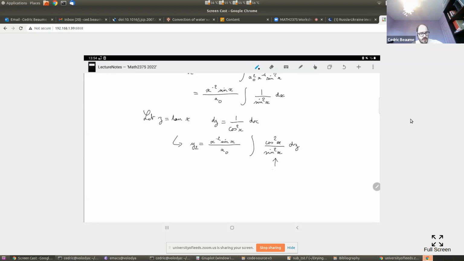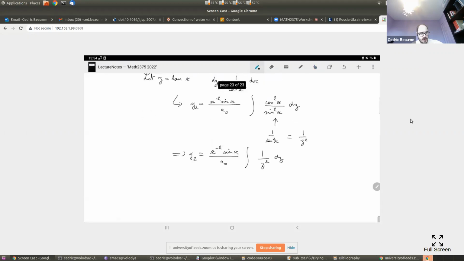So this is nothing else than 1 over tan squared x, but tan x squared is z squared, so this is 1 over z squared, right? So what I'm actually looking at here is y2 equals (x minus 2 sine x) divided by a0 times the integral of 1 over z squared dz, nothing else, not that complicated.